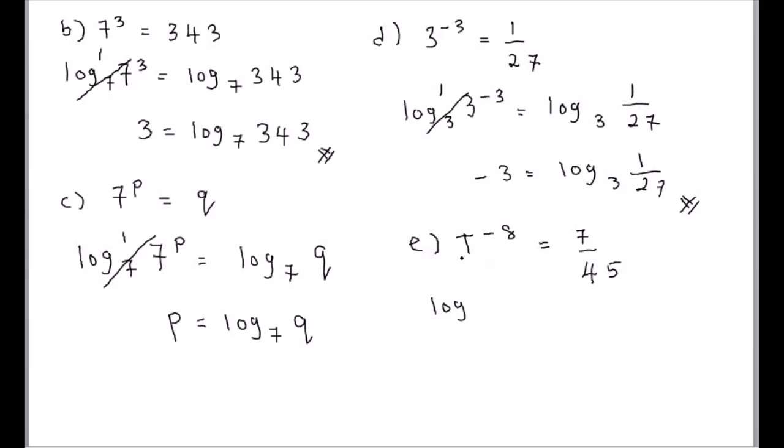So we change t to the power negative 8 into log to the base of t: t to the power negative 8 equals log to the base t of 7 over 45. So log t to the base t equals 1. So we are left with negative 8 equals log base t of 7 over 45.